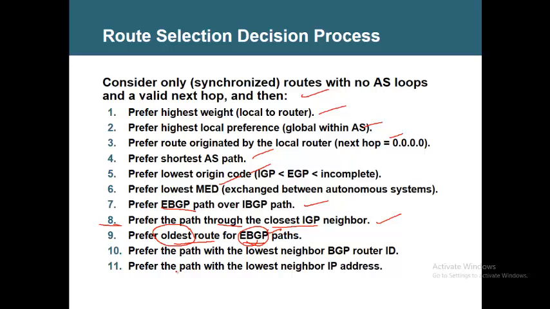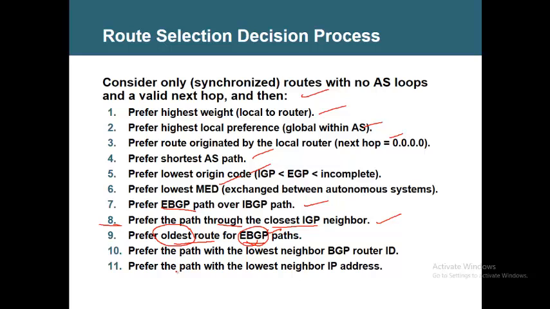Mostly router IDs are picked up from the loopback interface, and there is very little chance, if you are using some private address in the loopback interface, that the router ID may be the same. Very, very, very thin possibility. In the real world, according to me, it's not possible.